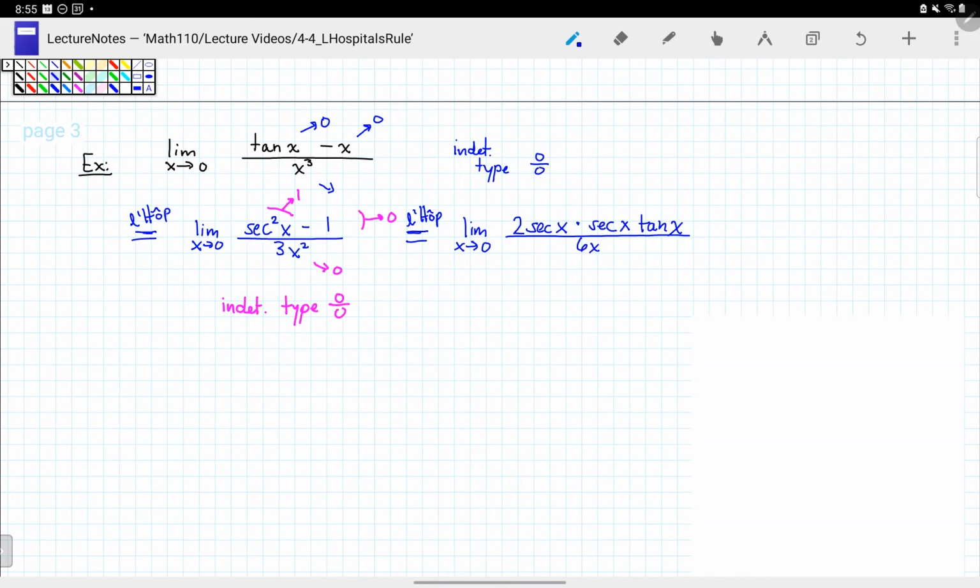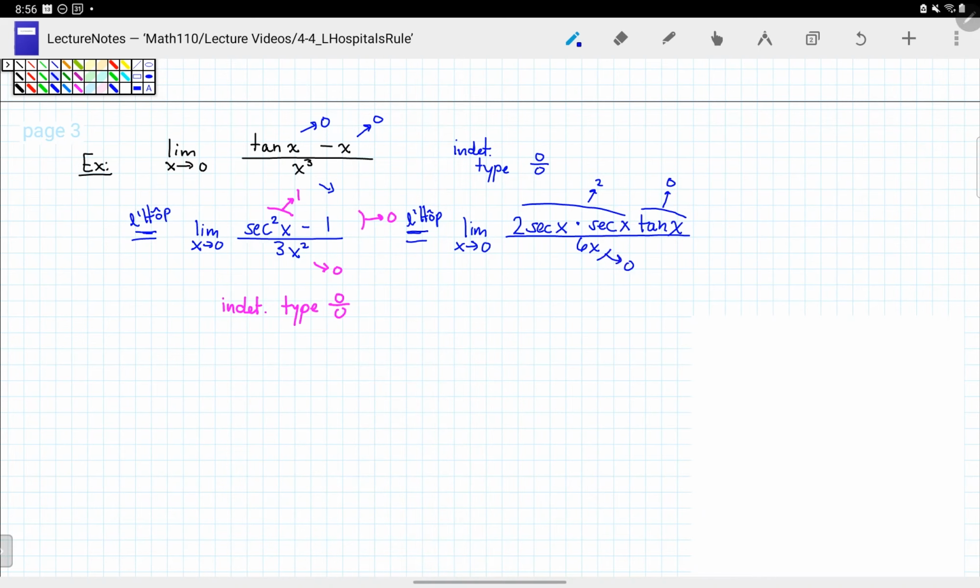Okay, now what's happening? So secant of 0 is 1. So this whole thing goes to 2. And tangent of 0 is 0. So I still have an indeterminate form of type 0 over 0.